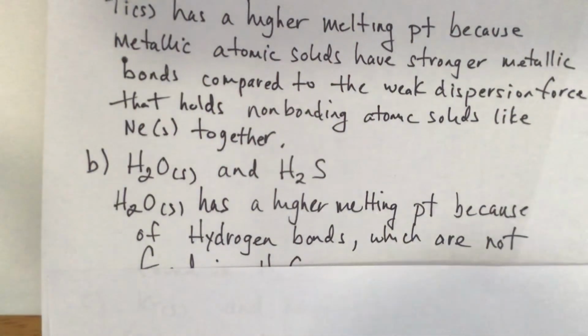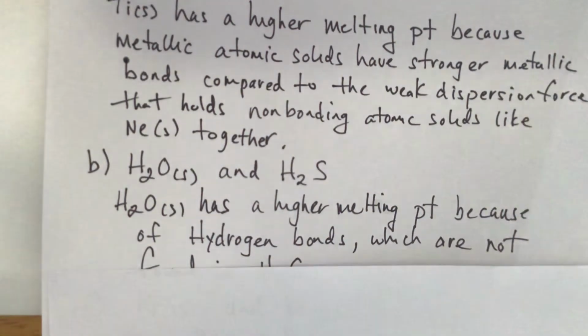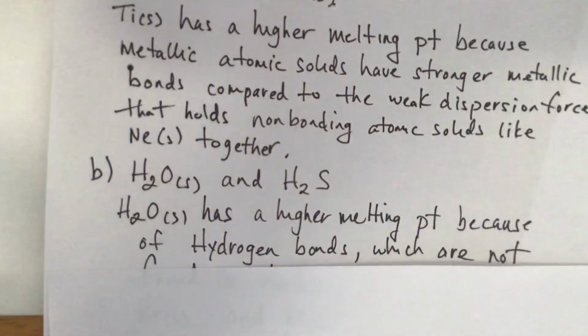Which means if you want to turn these into a solid, it's possible, but you're going to have to really decrease the temperature, meaning you remove a lot of energy, and maybe increase the pressure as well.